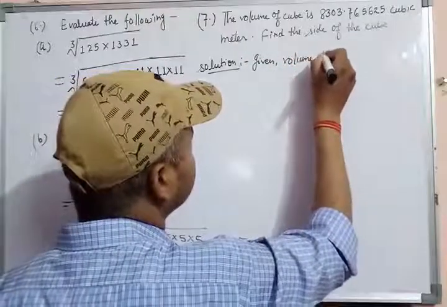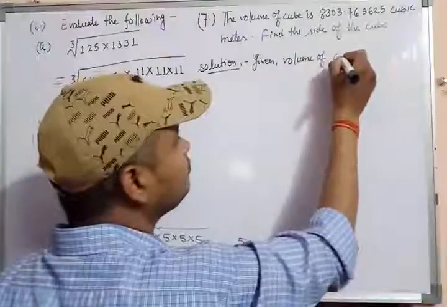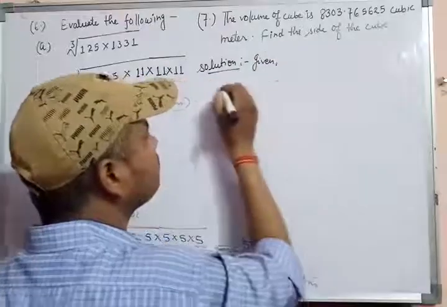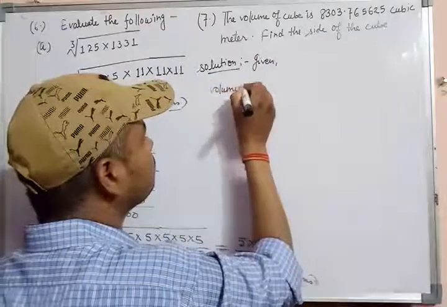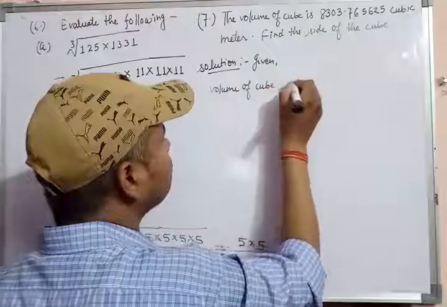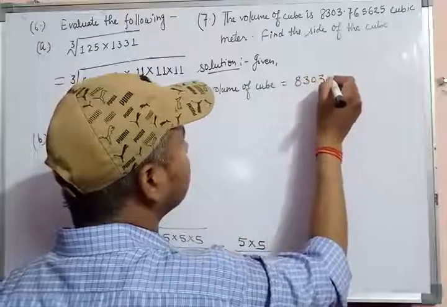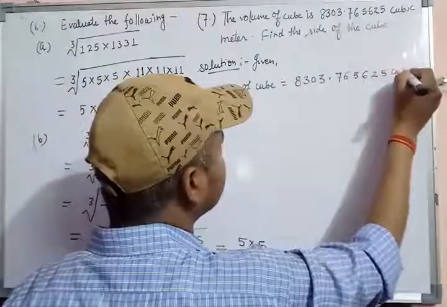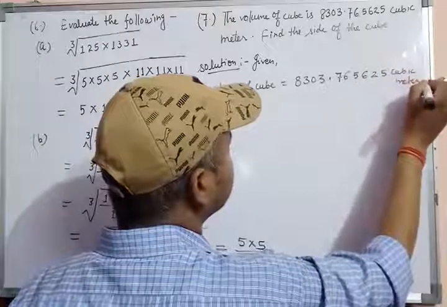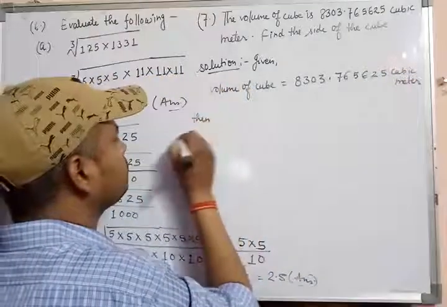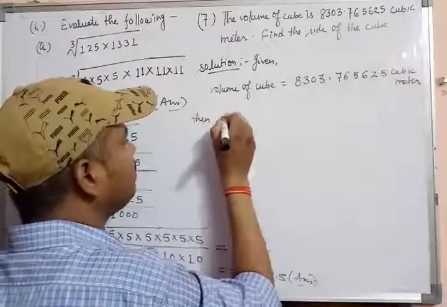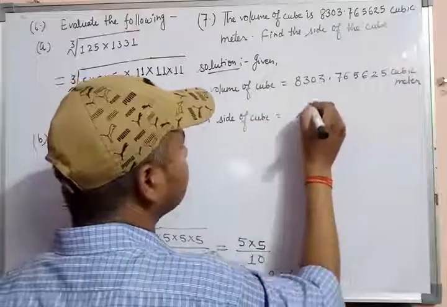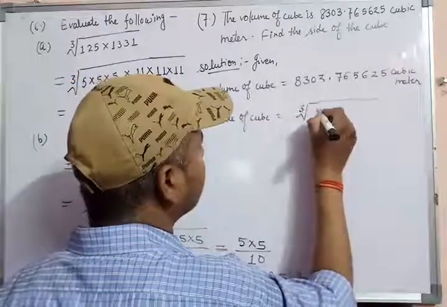Given volume of cube is equal to 8303.765625 cubic meter, then side of cube is equal to cube root of volume.